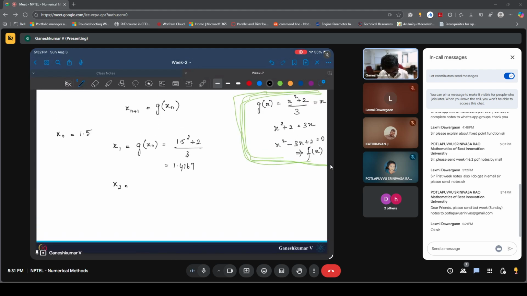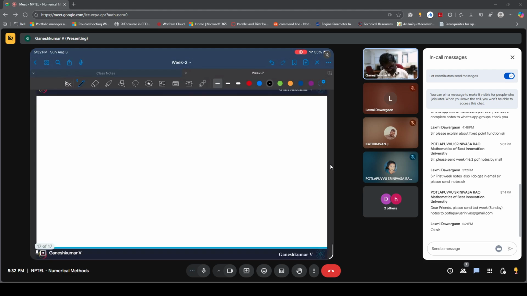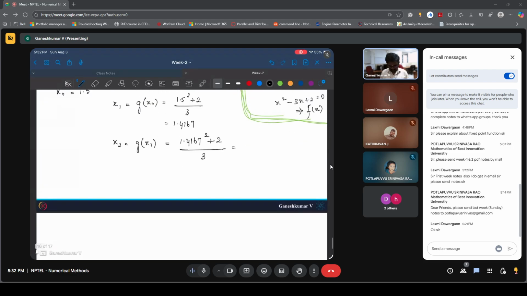Now x2 is g of x1. So you just put 1.4167 square plus 2 divided by 3. What will this give you? 1.3356.